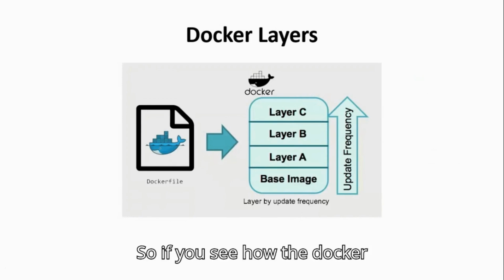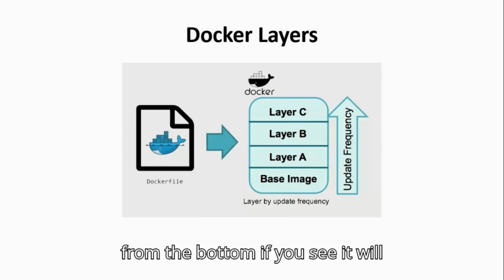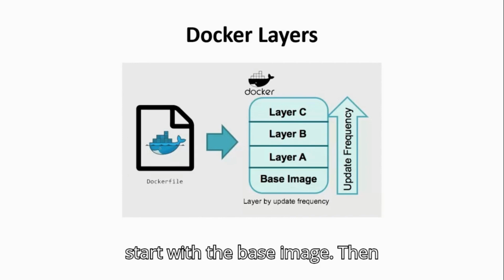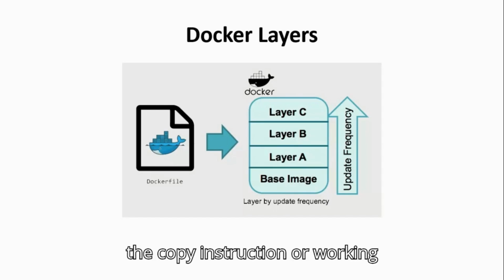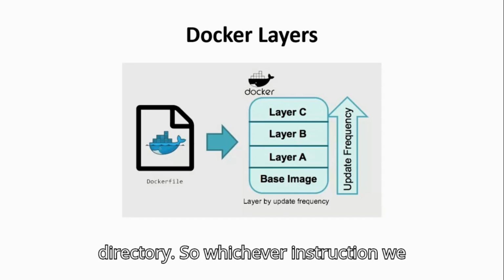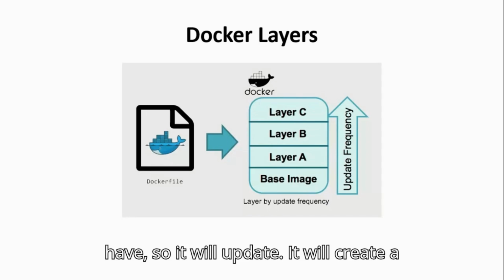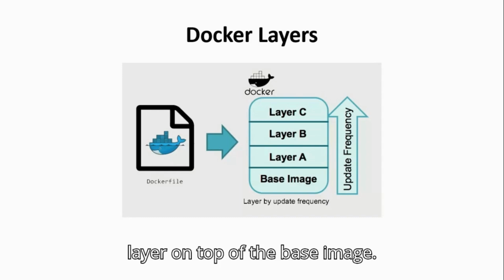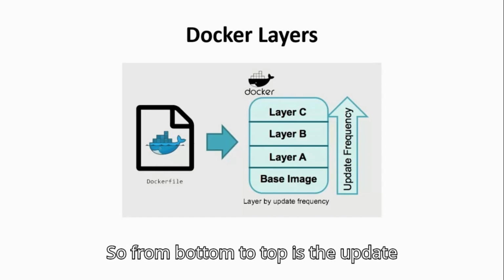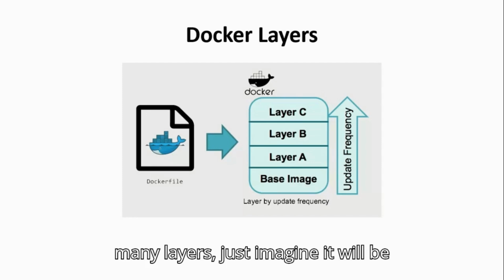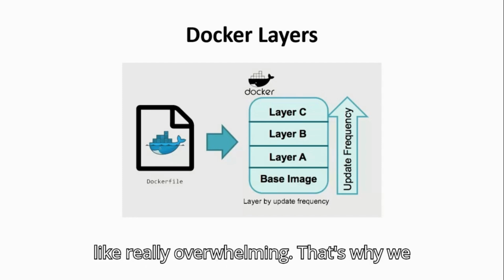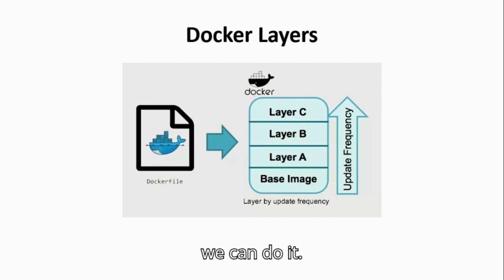If you see how the Docker layers are stacked, from the bottom it starts with the base image, then layer one, which can be the COPY instruction or the working directory. Whichever instruction we have, it creates a layer on top of the base image. From bottom to top is the update frequency, and it updates one after the other. If we have too many layers, just imagine it would be really overwhelming. That's why we have to keep it minimum. We will see how we can do it.